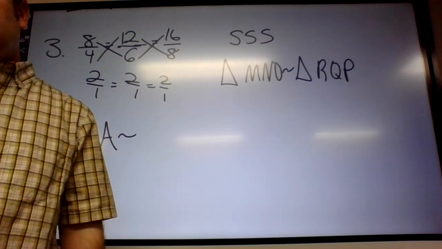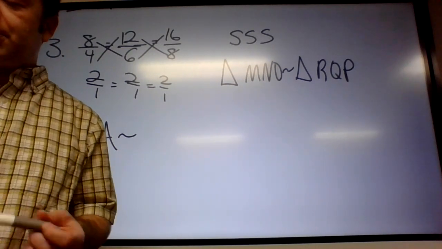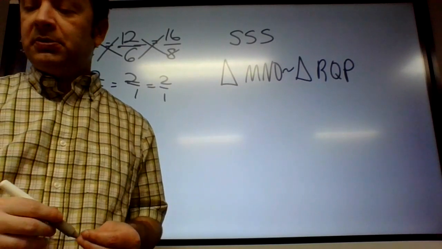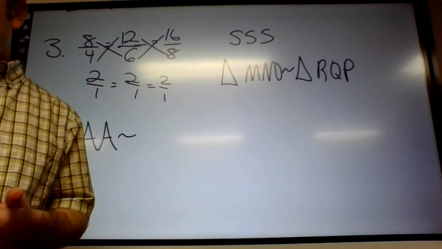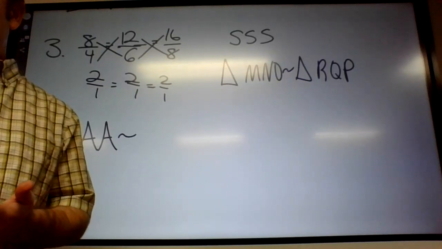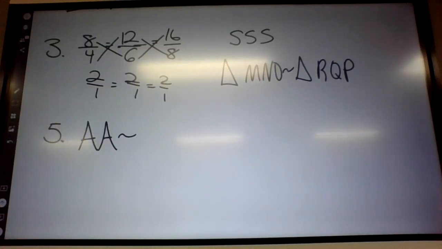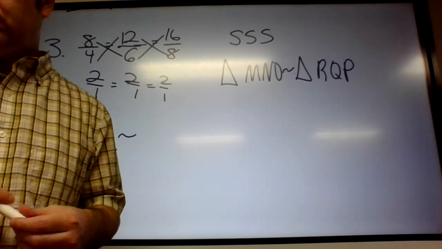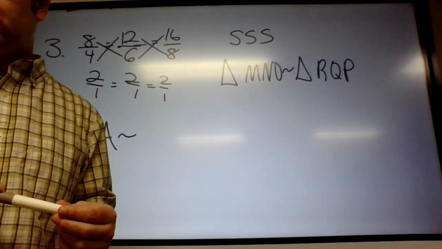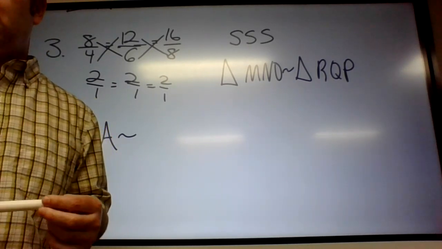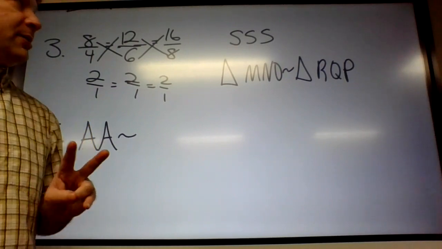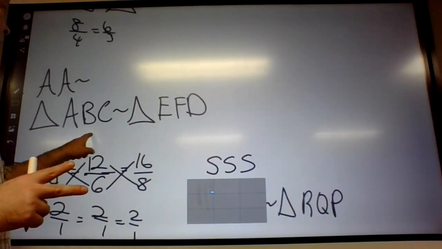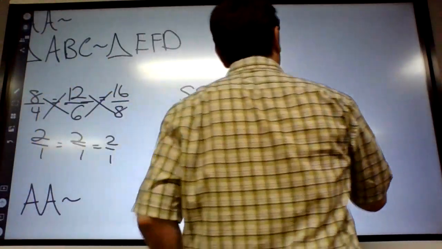The angle and the side. But you have to make sure the sides are proportional. You have to do 6 over 4 and 4 over 2. Does 6 over 4 equal 4 over 2? On side angle side, does it have to be in that order? It's got to be side angle side. You only have to find 2 sides in proportion.